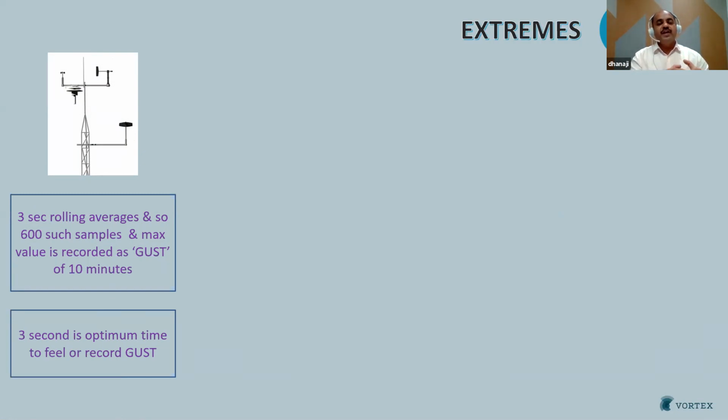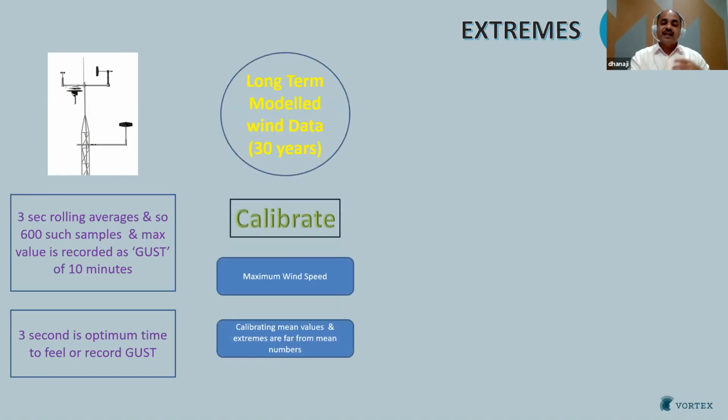Usually we have 1 year or 2 years of measurement, and it might be possible that the extreme event does not happen in that particular period. Then the wind analyst tries to search for the extremes information in long-term model data. The problem with long-term model data is that it does not have exactly the extremes information, but the maximum wind speed for that particular hour.